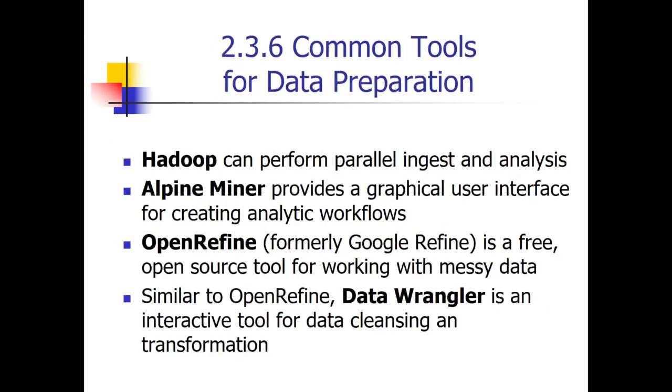So these are the common tools for data preparation. One is Hadoop, which can perform parallel ingest and analysis, and Alpine Miner is also a good tool for data mining activities. OpenRefine is also called Google Refine. It's a free open source tool for working with messy data. Messy data means huge data. Next, similar to OpenRefine, Data Wrangler is an interactive tool for data cleaning and transformation.